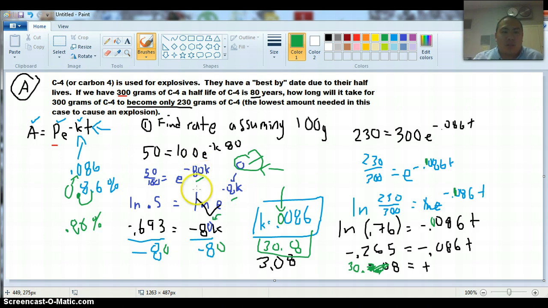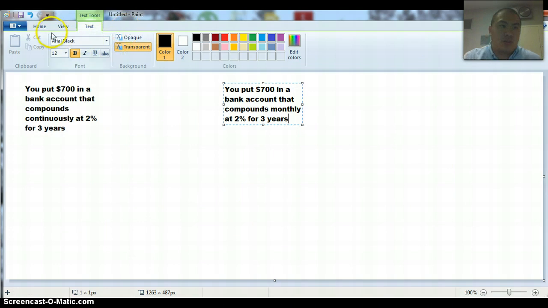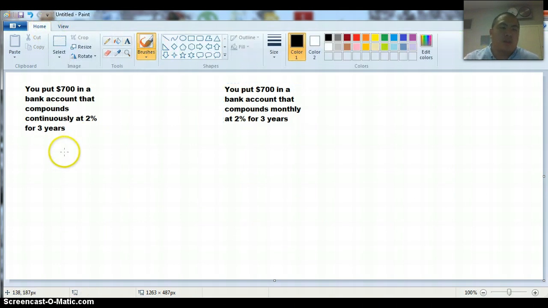Let me put in a new problem, and it'll be a compounding problem. I'm going to do this one before I finish this up. On the left, we have $700 in a bank account that compounds continuously. When you see the words compounding continuously, you have to think of A equals P e to the rt.